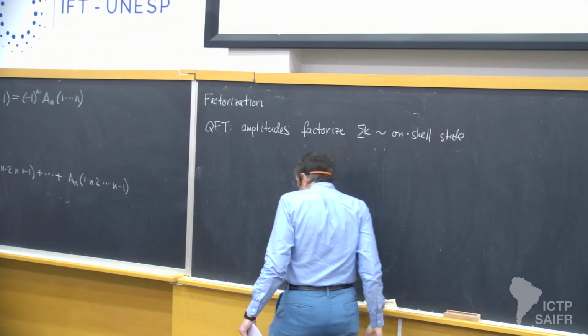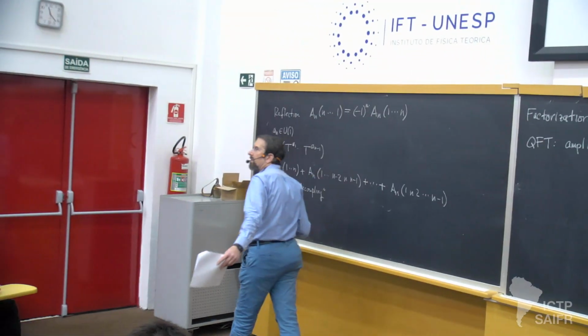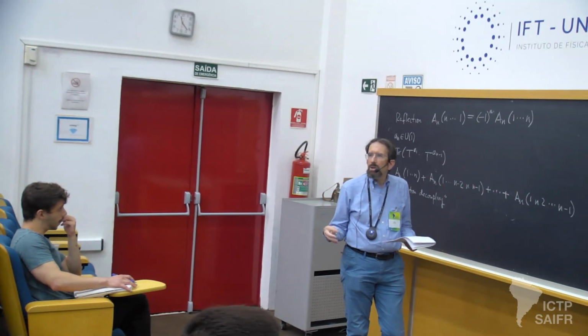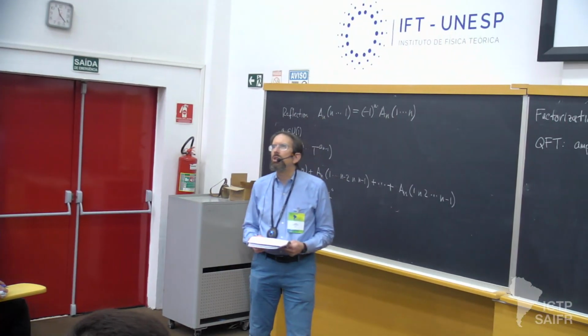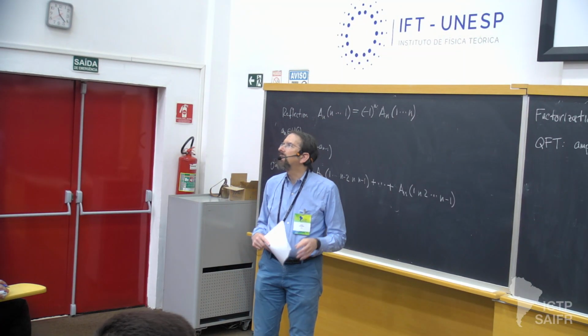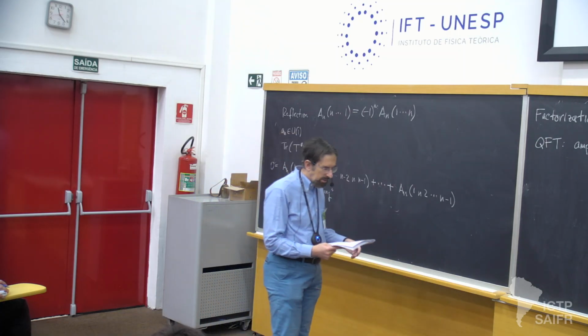And the idea is that on-shell state can propagate over a very long distance, and so the interactions that form that on-shell state have to be independent of the interactions that then take that on-shell state and turn it into the final state.